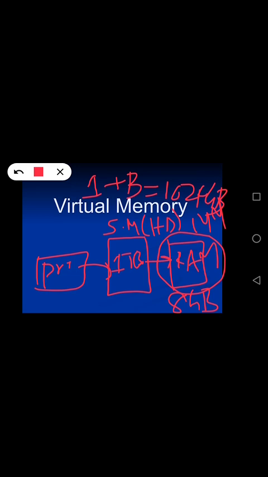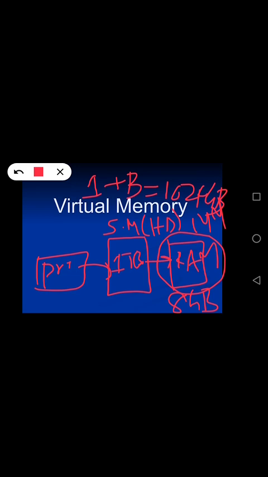The reason is that the programmer is allowed to develop a program whose size is much bigger than the main memory capacity.